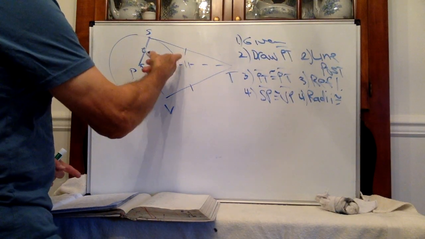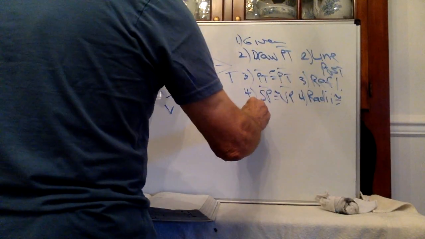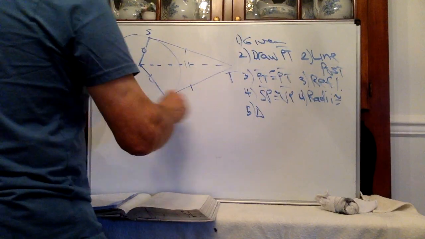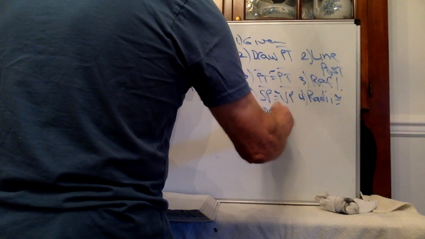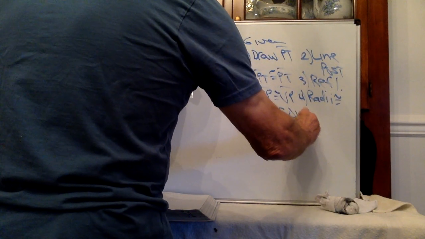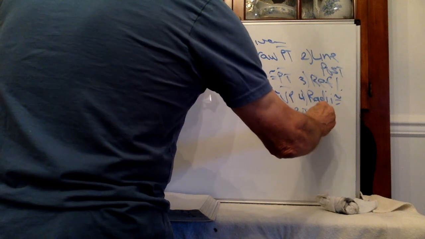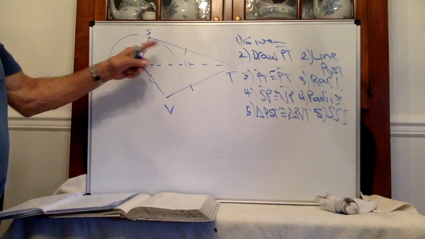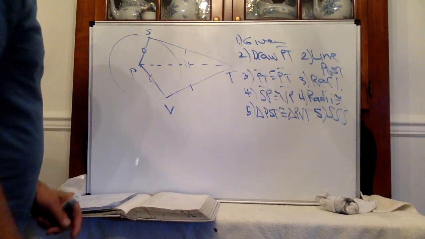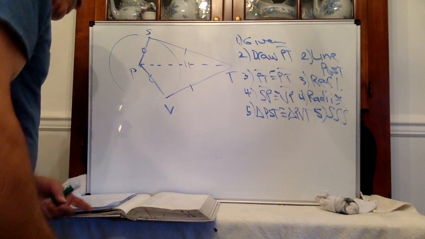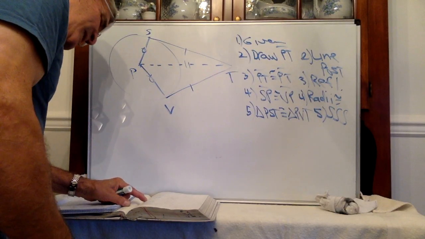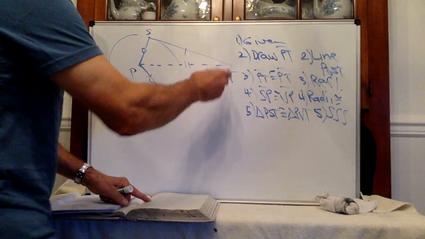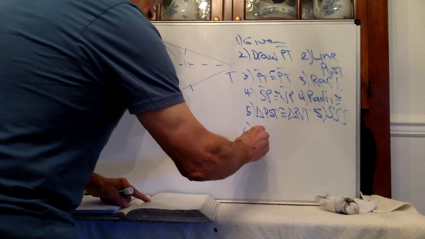Since I now have 2 triangles with all 3 sides congruent, I can say the 2 triangles, triangle PST and PVT, are congruent to one another by side, side, side. All 3 sides are congruent. Since all 3 sides are congruent, the triangles are congruent, and that then makes angle PST congruent to PVT, which is what you were asked to prove.